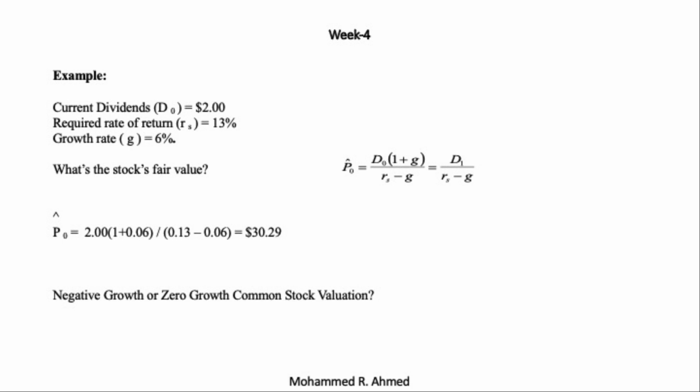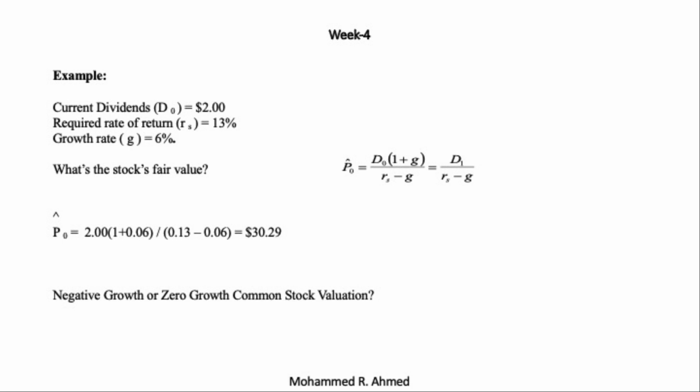That will give us 30.29, which means based on the information given to us, $2 dividends, 13% required rate of return, 6% growth, the fair price is 30.29.